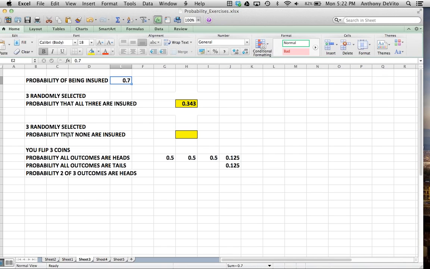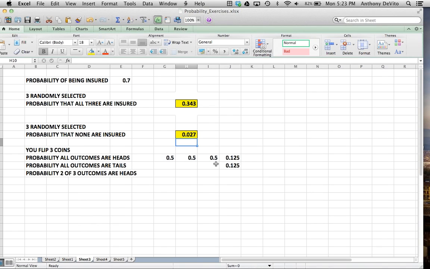So the probability that you get 3 people and all 3 of them are uninsured is 0.3 times 0.3 times 0.3, or about 2 or 3%. Very unlikely, because the likelihood of any individual being uninsured is less than the likelihood of them being insured.